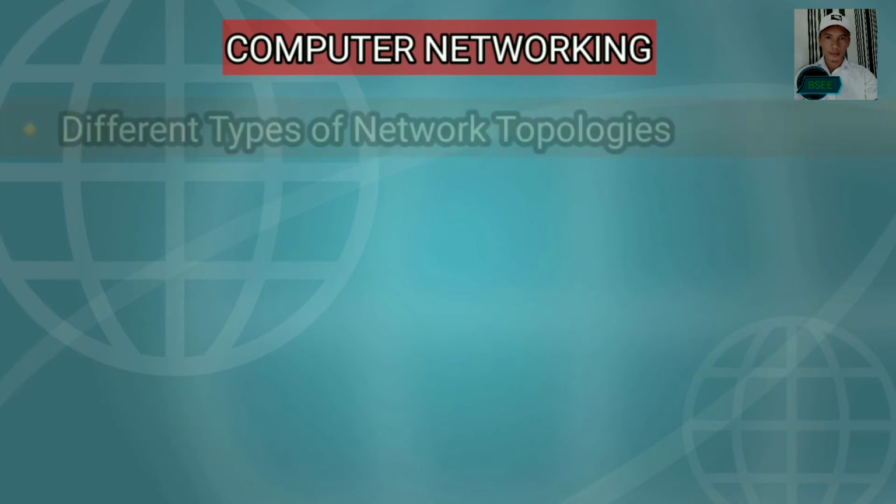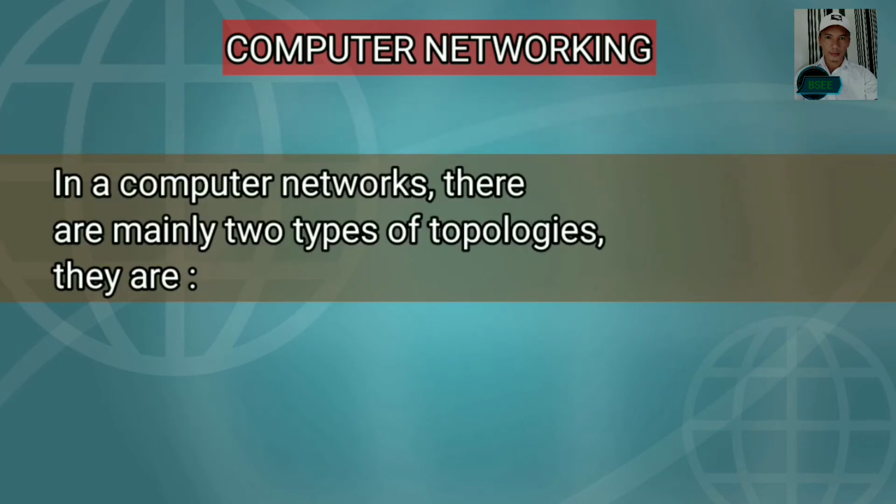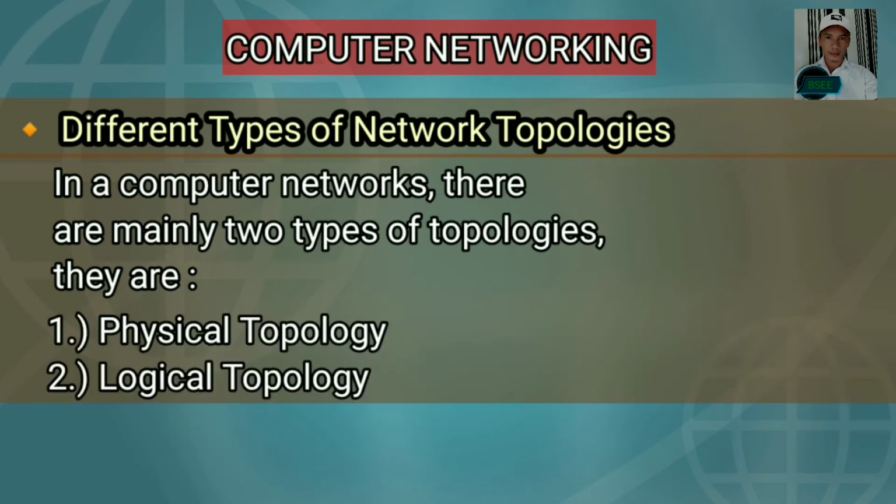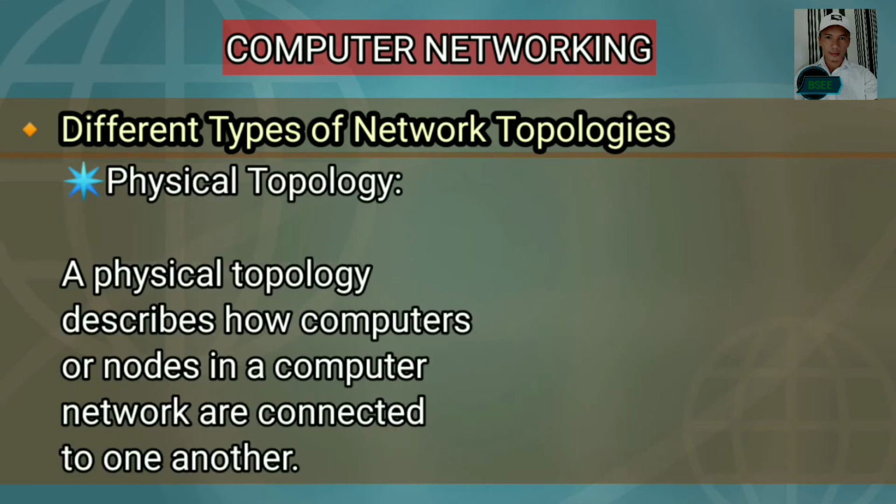Next, the different types of network topologies. In computer networks, there are mainly two types of topologies: number 1, physical topology; number 2, logical topology. A physical topology describes how computers or nodes in a computer network are connected to one another.